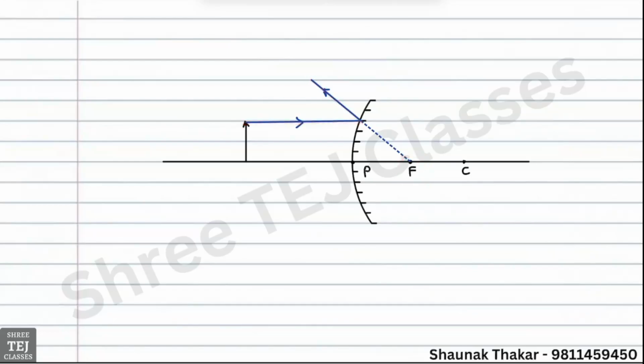Now the second rule will be: incident ray directed towards focus goes parallel to the principal axis. So let us draw a ray which is directed towards focus.